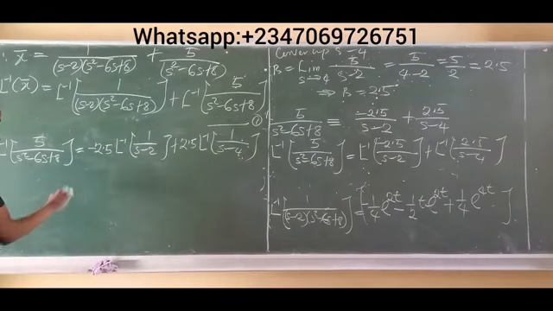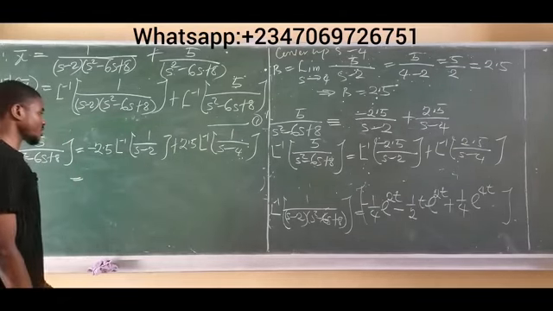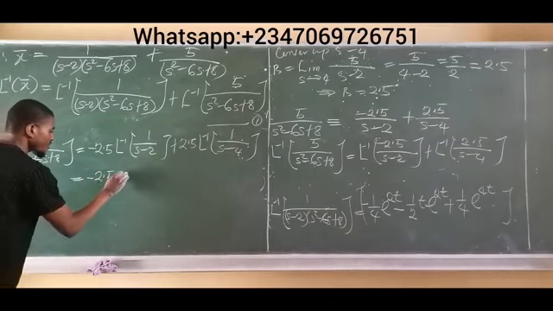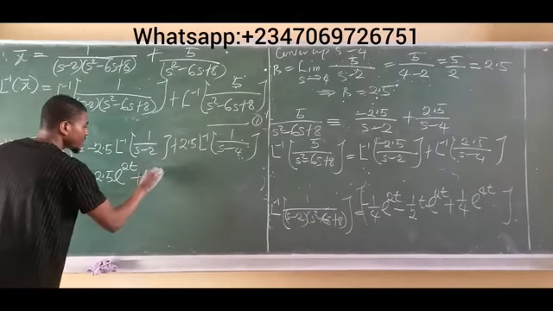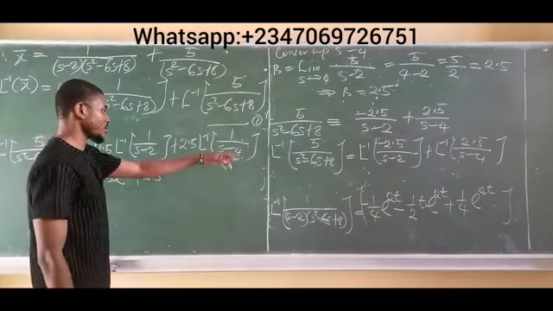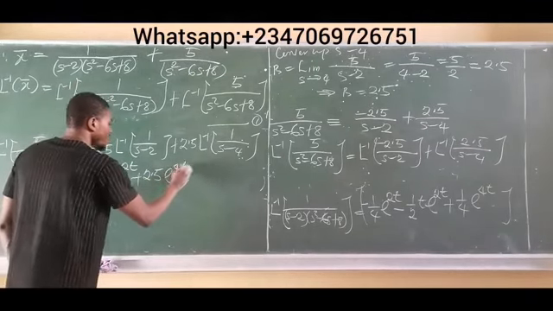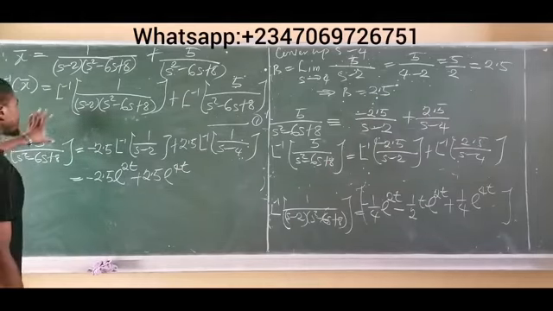Now this is equal to, as earlier said, the Laplace inverse of 1 over x minus 2 becomes exponential 2t. Hence, we have minus 2.5 exponential 2t plus 2.5. Same thing here, Laplace inverse of 1 over x minus 4 becomes exponential 4t. We have exponential 4t. All right. So we know the Laplace inverse of this. We know the Laplace inverse of this.